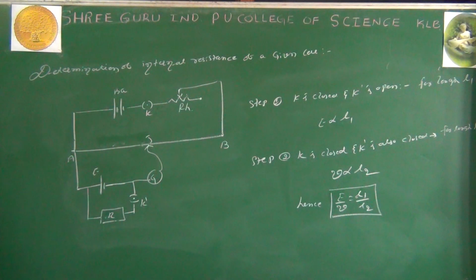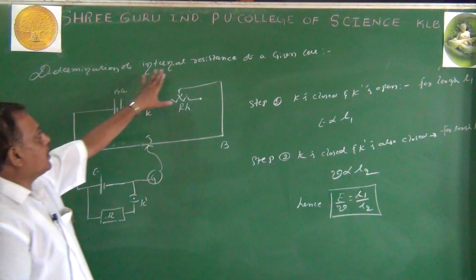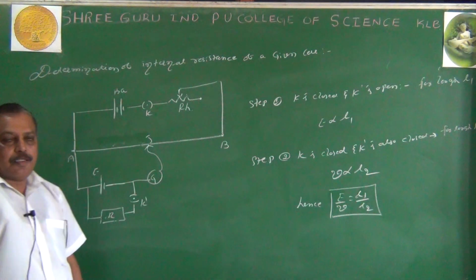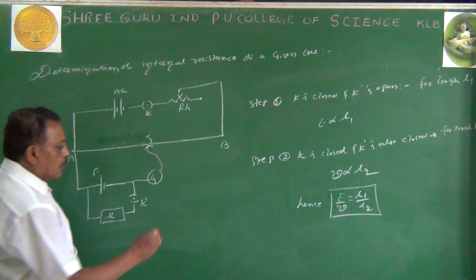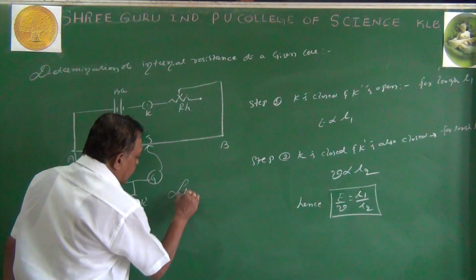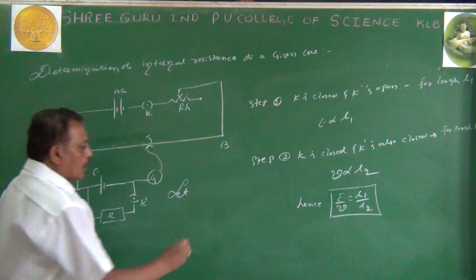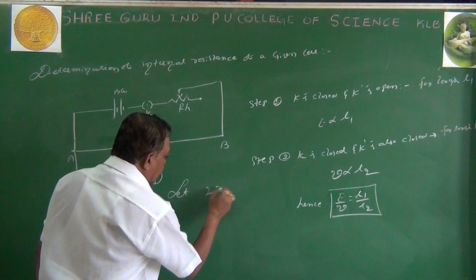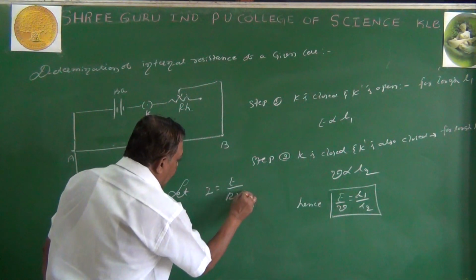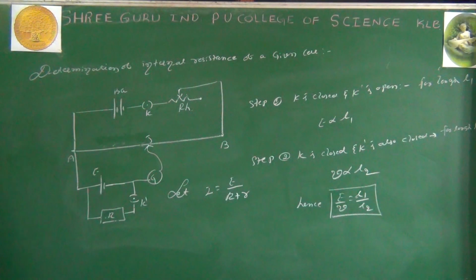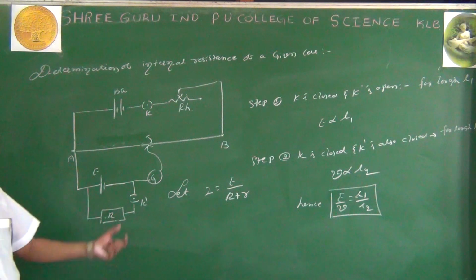Then I come to the main requirement of the topic, the internal resistance of a cell. We know that from Ohm's law applied to the circuit, the total current I equals total EMF divided by total resistance: I equals E divided by R plus r. Wherever there is a potential difference, there is current and resistance.